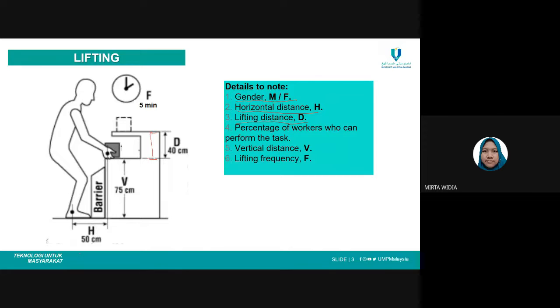And then the vertical distance, which is the distance from the floor to the table, the origin place where the load is lifted. And then the lifting frequency, so how often the workers need to lift the load. Okay, so these are the 6 variables that you need to know when you would like to use the Snook table.